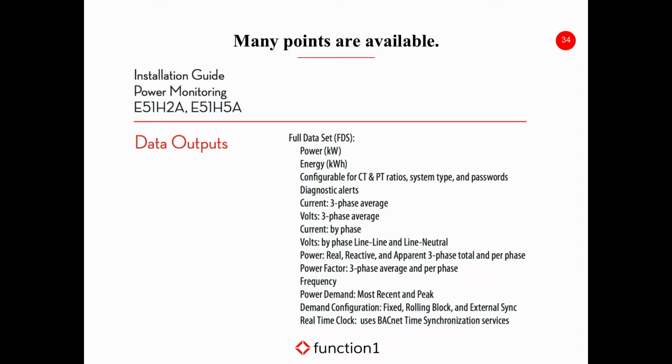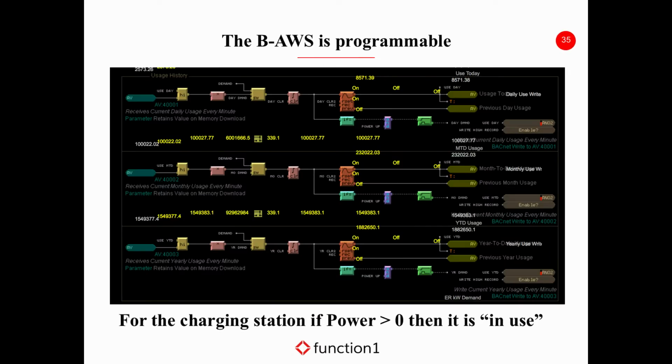This is the type of thing you would put on the main power coming into a building. So we said, okay, we really don't need to know what the frequency is. We don't need to know what the power factor is. We don't need three-phase, because these are all single-phase pieces of equipment. So we were able to substantially cut the cost.